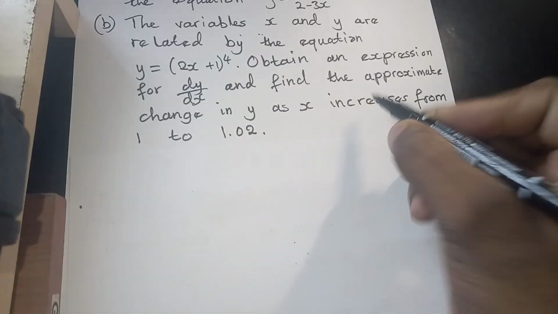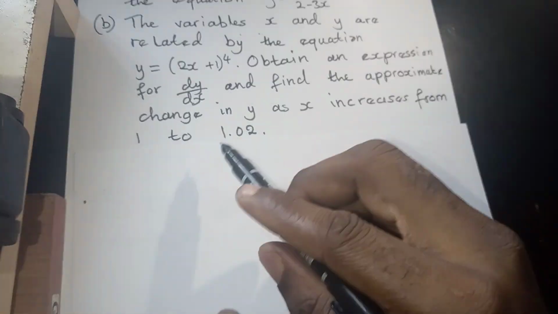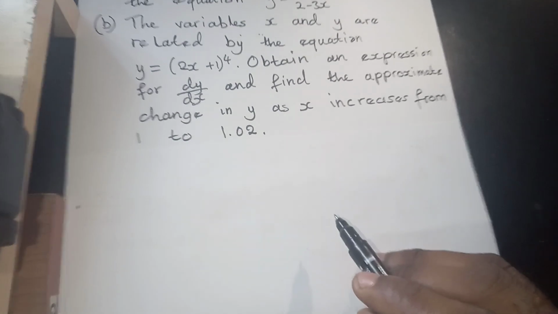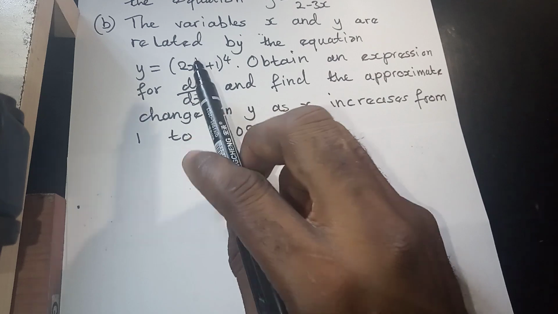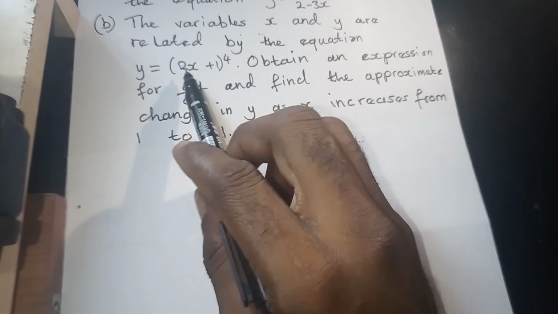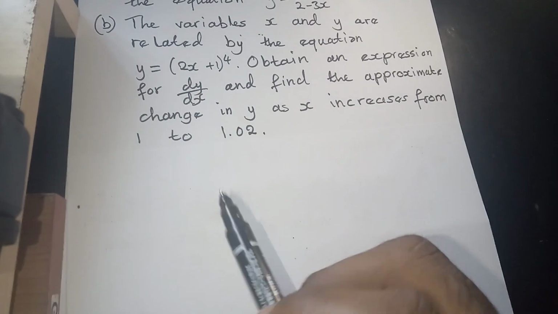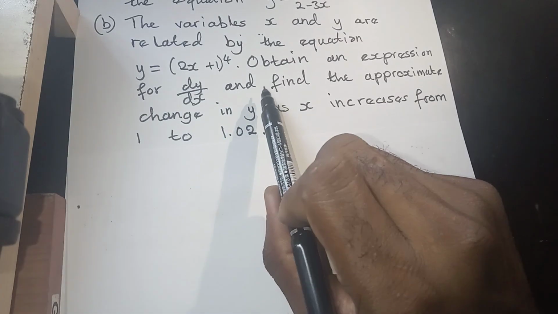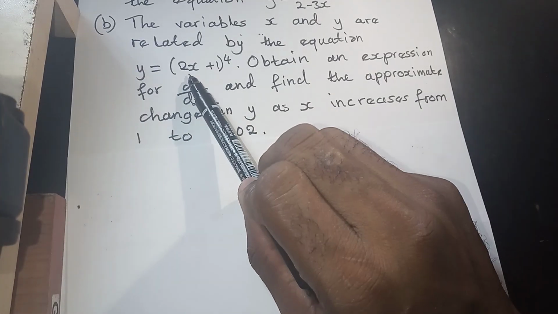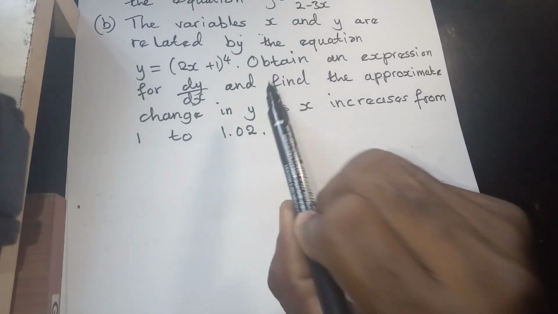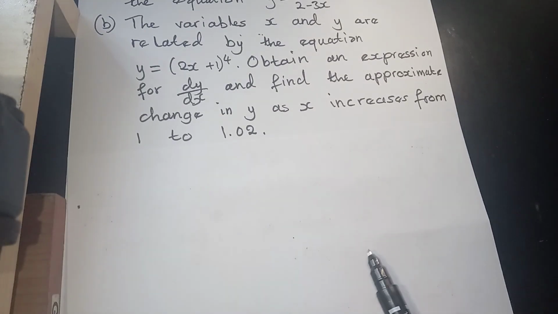So as you can see, this is the chain rule as well, because we have some function in there and a power like that. And then a very common mistake is to forget the second part. Just after differentiating, make sure that you remember to read the question and answer the second part of it.